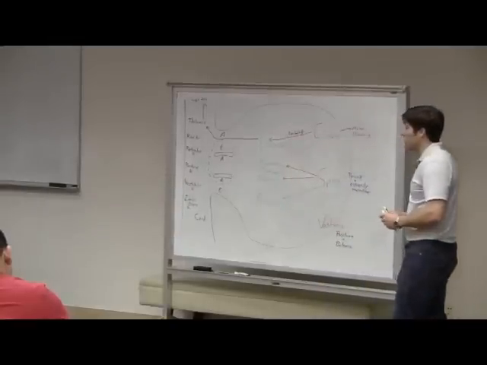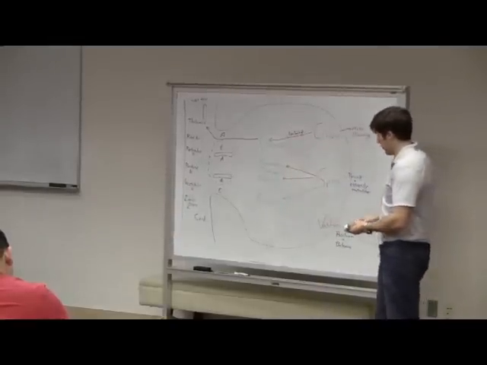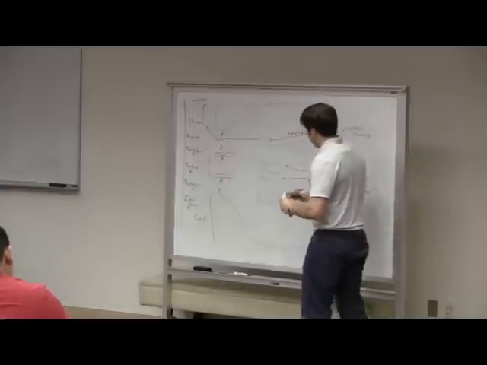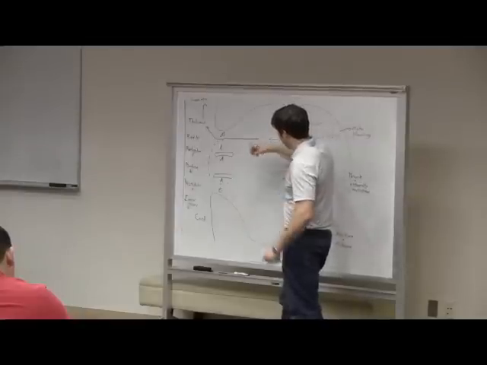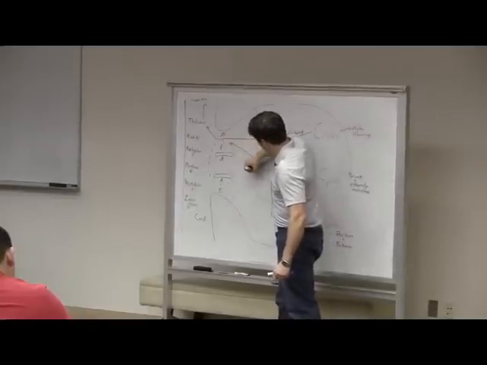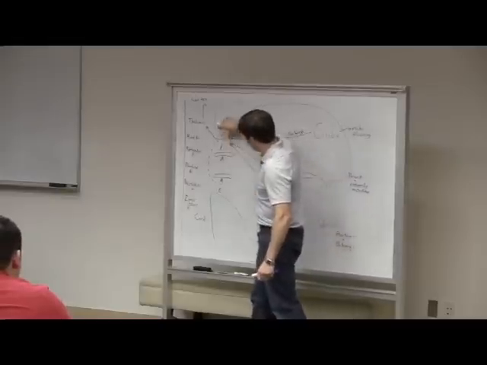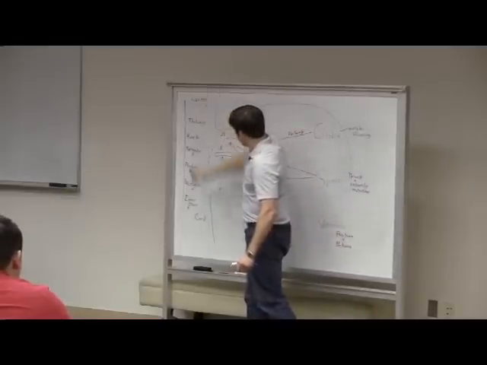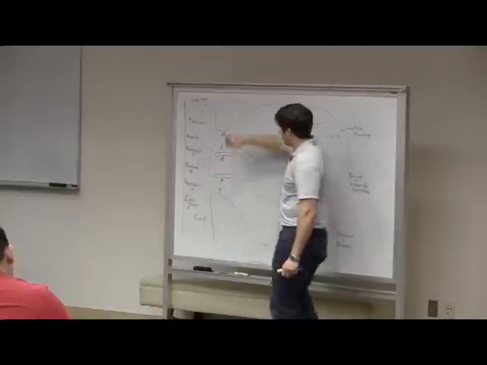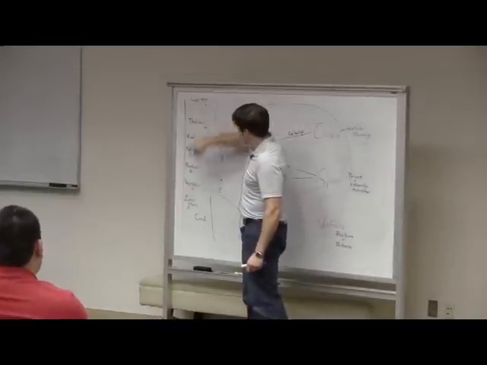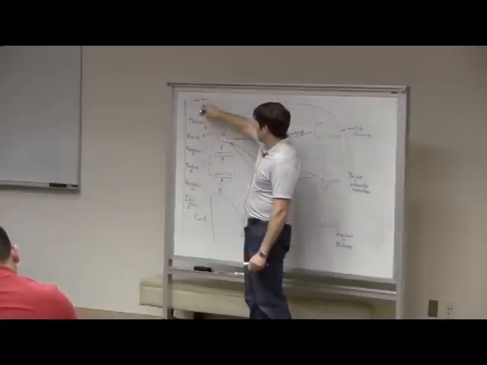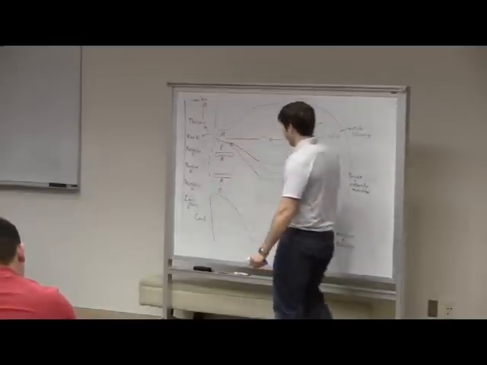When it goes to the emboliform or the globose, that information is going to leave through the superior cerebellar peduncle. It's going to go largely to the thalamus, but it's going to send some information to the red nuclei and then to the cortex.